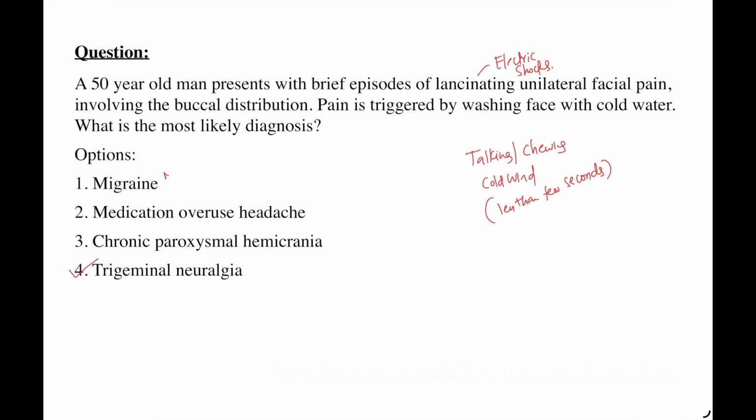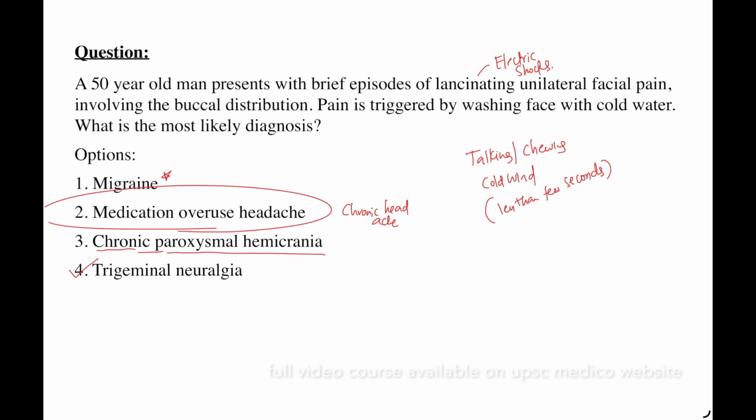You know how migraine presents, and medication overuse headache is a chronic headache. It's not acute headache. Chronic headache. One closest confusion to students in the exam is what is this chronic paroxysmal hemicrania? Chronic paroxysmal hemicrania is a unilateral headache, one-sided headache. It is again very severe. It has autonomic features.